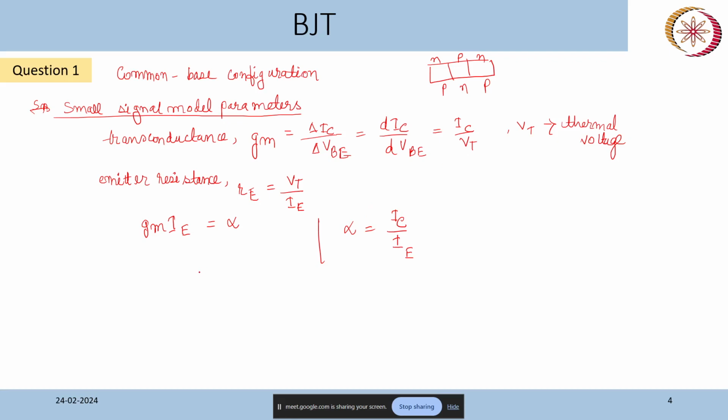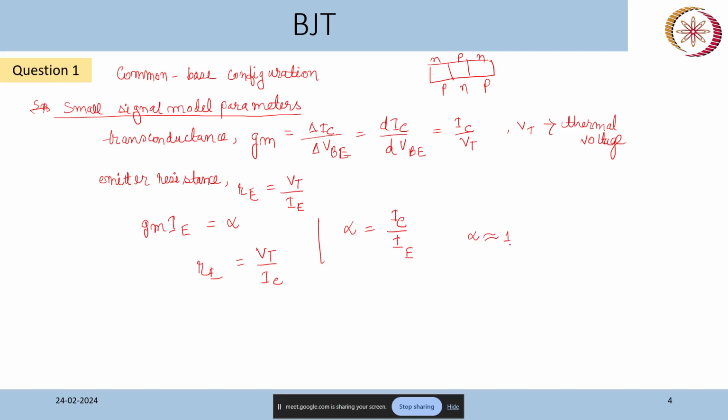Now re is Vt by IC. We can write this because, let's consider alpha, which is IC by IE, that is approximately equal to 1, unity.